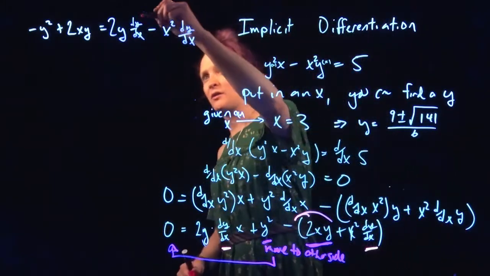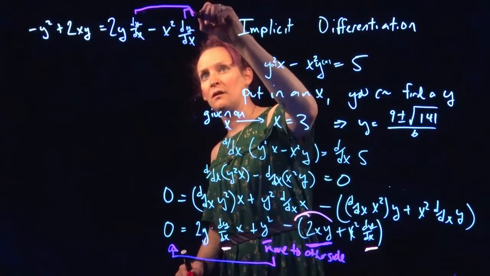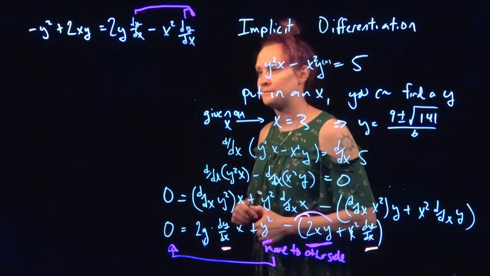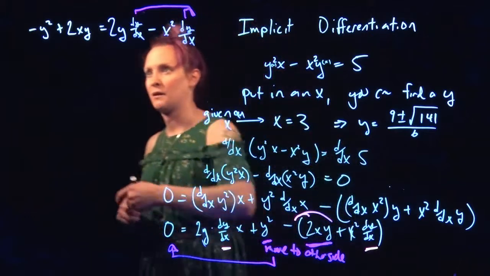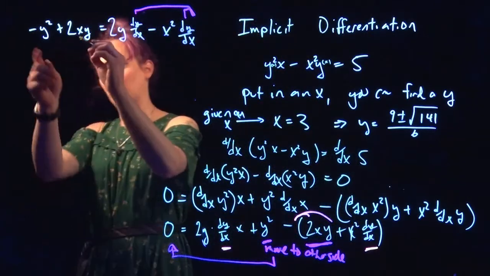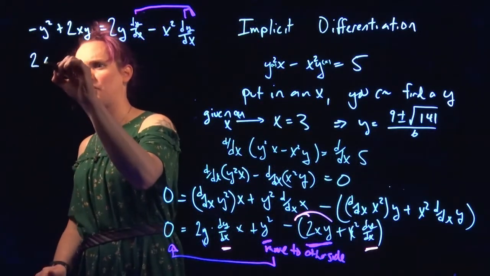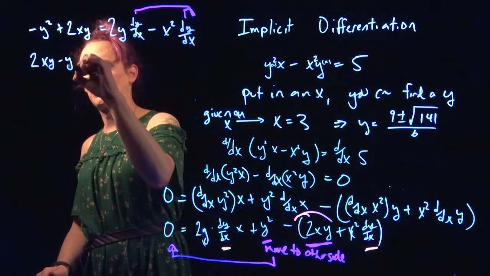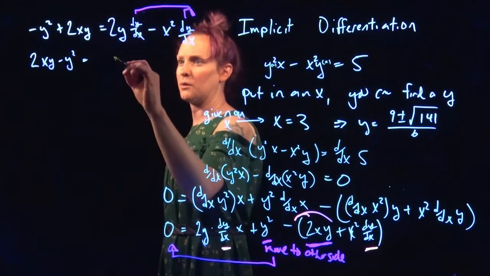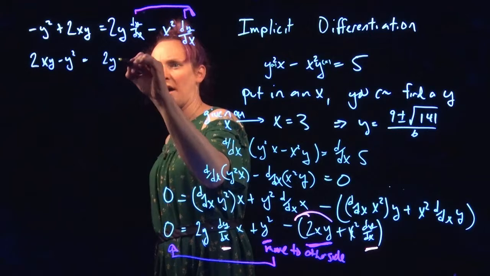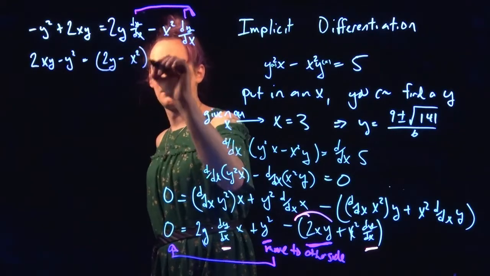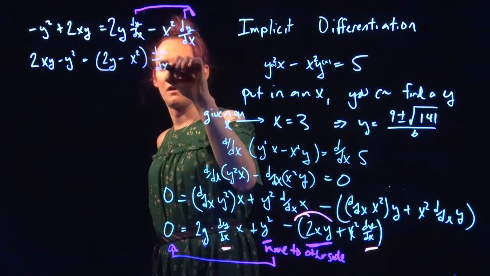Now I want to factor out my dy/dx. I'm going to reorder these and write that as 2xy minus y squared equals (2y minus x squared) dy/dx.